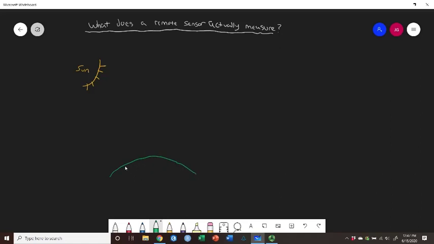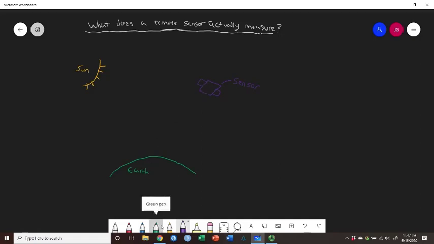So this is the Earth, right? And over here, this is going to be our sensor. All right, so we're going to start this with the sun, the Earth, and the sensor.